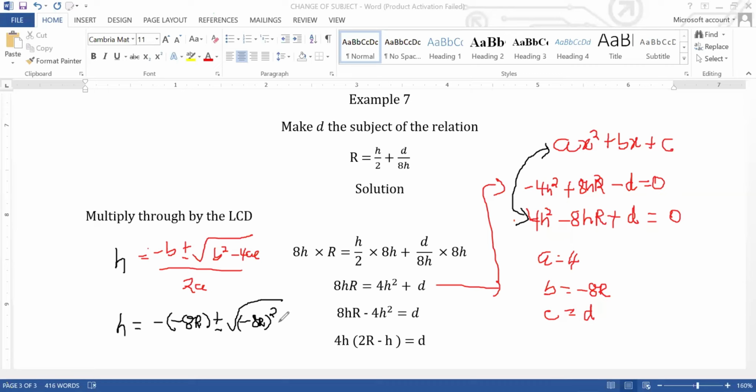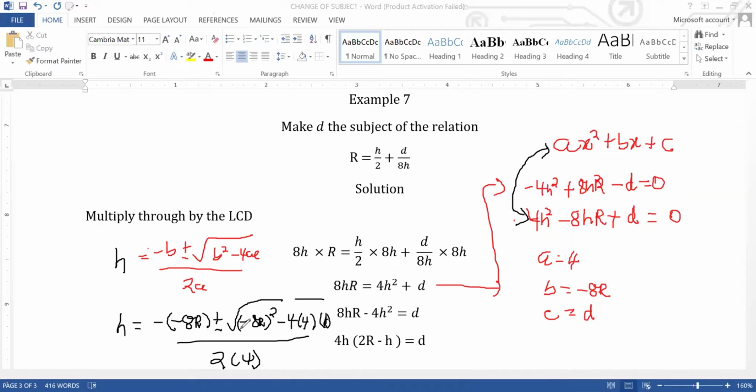Right? Minus 4. A is 4. C is D. Right? All over 2 times 4. They can simplify it. You see what we are getting?